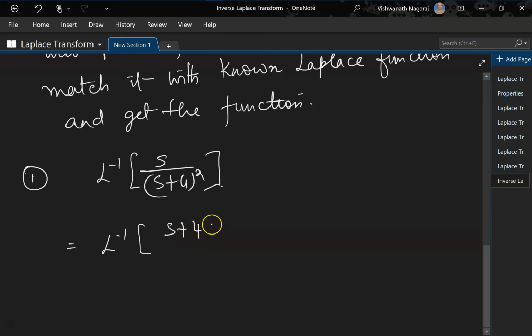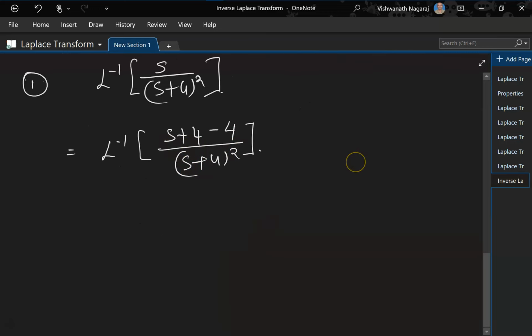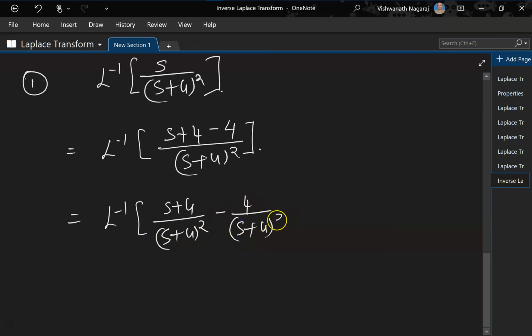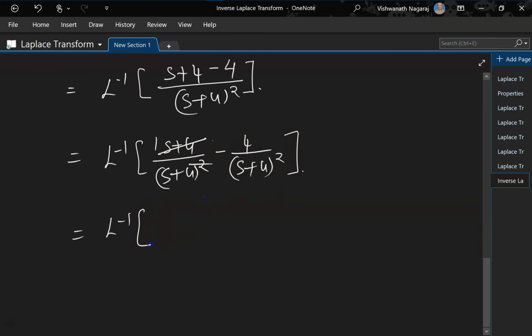So to neutralize that, let me say minus 4 by s plus 4 square. Now this can be split into two parts: s plus 4 by s plus 4 square minus 4 by s plus 4 square. So here one of them will get cancelled. We end up with 1 by s plus 4 minus 4 by s plus 4 square.